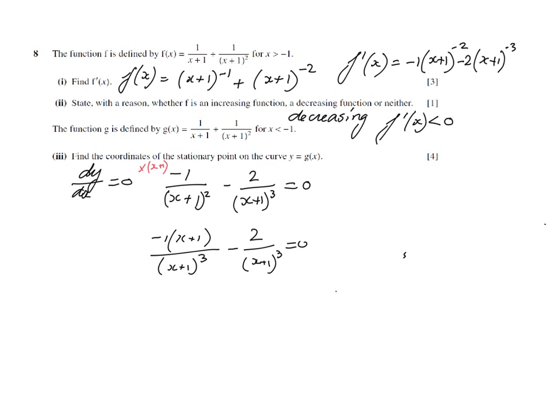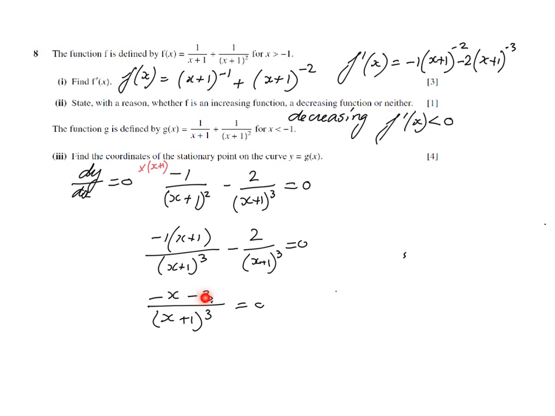And we're still looking for when that is 0. If I combine that as a single fraction over (x plus 1) to the power 3, the numerator is going to be minus x minus 1 minus 2. So minus 1 minus 2 is minus 3. There we go.